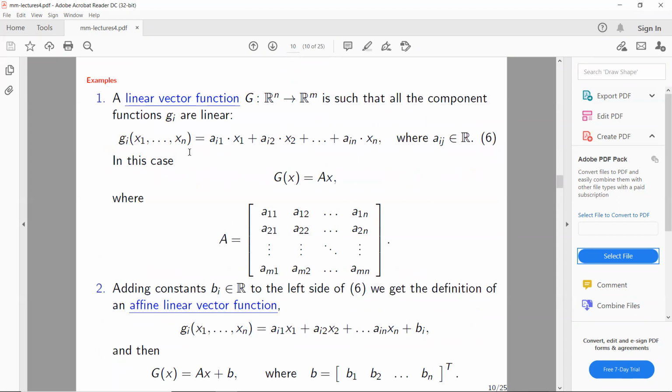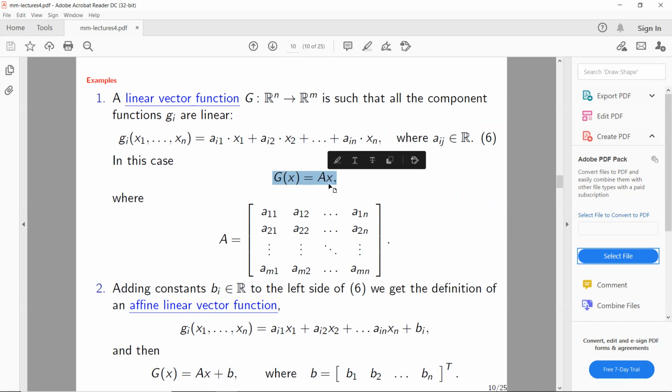A special case of a vector function of a vector variable is a linear vector function. For a linear vector function, we can express the rule of this function in this form. So g of x is just A times x, where A is a matrix and x is a vector of variables.